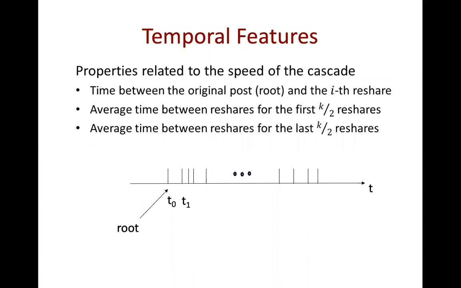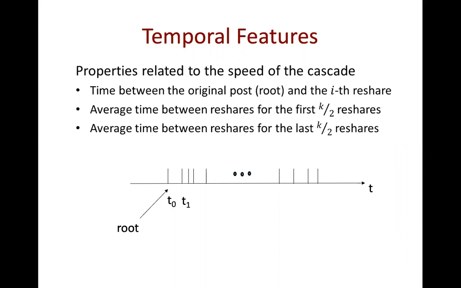Temporal features, of course, cover the time between the original post and the first reshare, and this is super important. If you get it in the right time, people see it and reshare, which increases the chance that the social network will show more impressions to people likely to watch this post in the future.